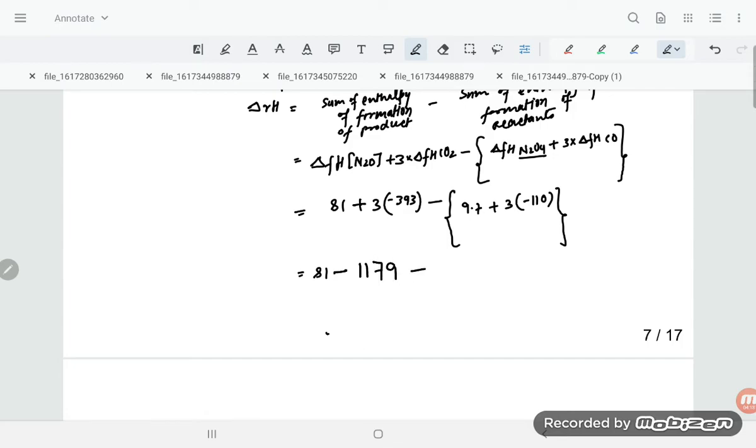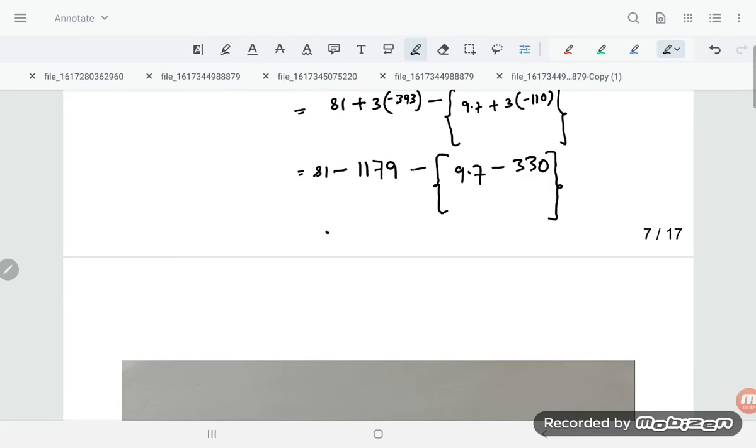And here, taking minus, this is 9.7, plus into minus, and minus 330. Now you multiply this minus sign into the middle bracket, so it is coming 81 minus 1179 and minus 9.7, minus into minus is plus, that is 330.